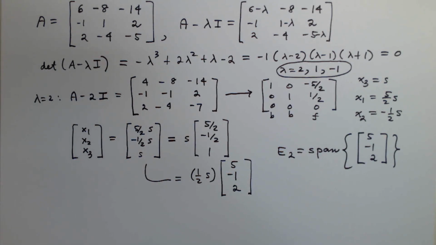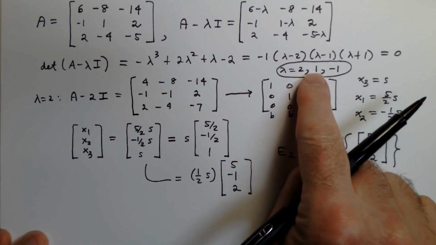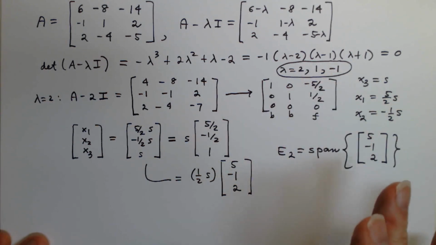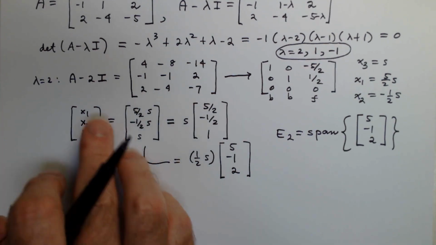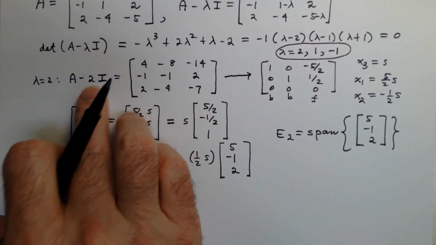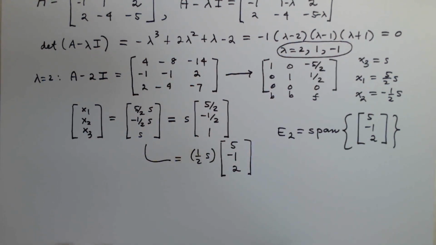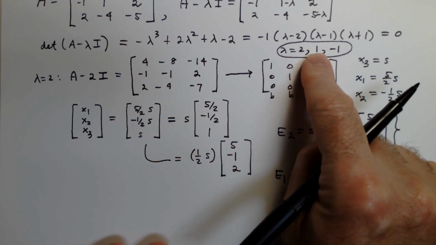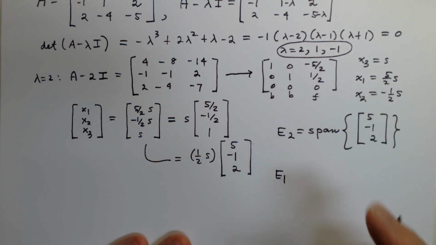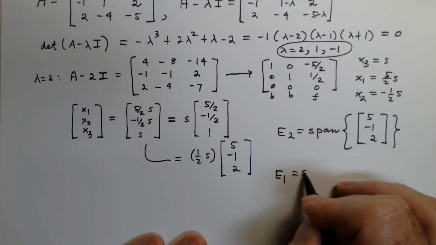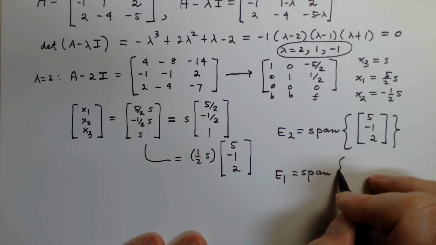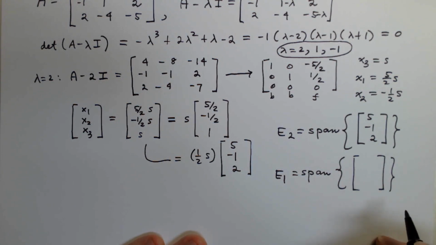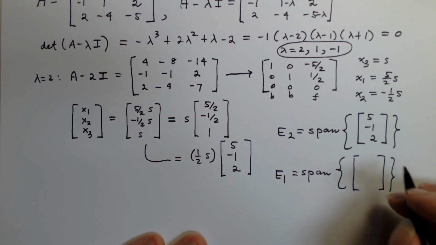Now, the same kind of work would ensue for lambda equals 1 and lambda equals negative 1. And so let me just cut to the chase. If you go ahead and do the same work for lambda equals 1 and lambda equals negative 1, here's what you're going to find. The eigenspace corresponding to lambda equals 1, E sub 1, consists of the span, or all multiples, of the vector 4, negative 1, and 2.